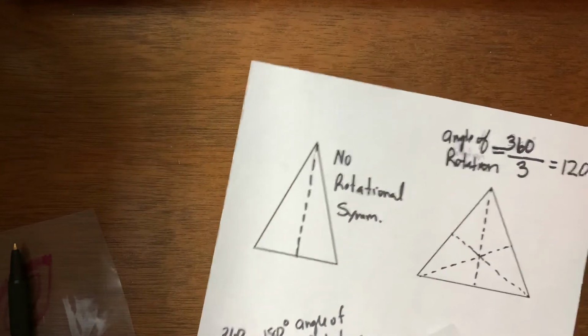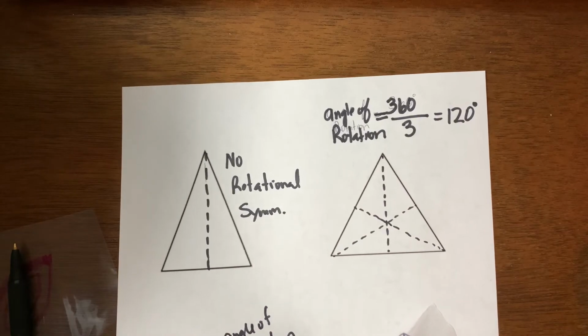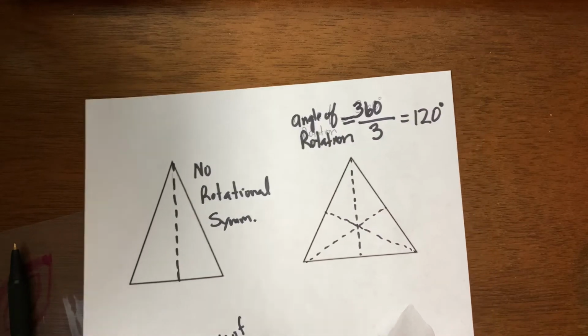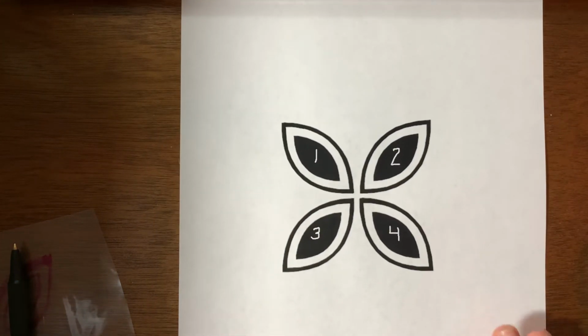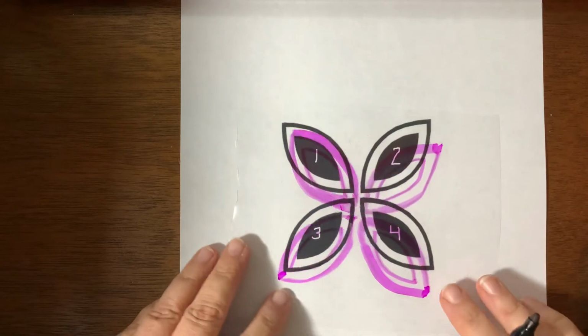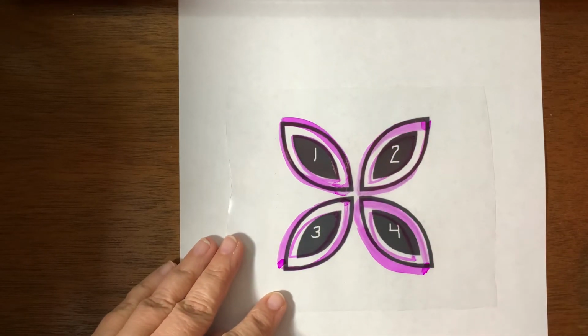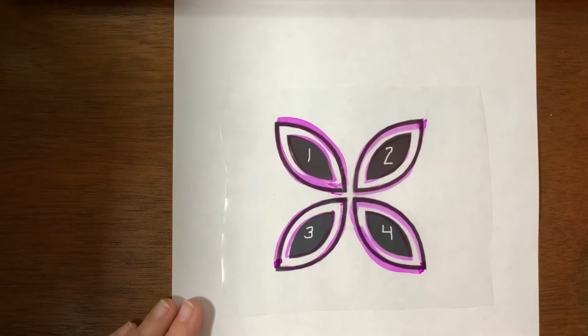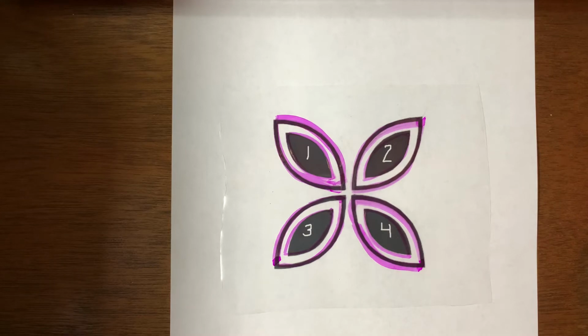Okay, and then you don't always have just plain normal looking objects. We could have something similar to this. You can still identify whether it has line symmetry to find out where the center of rotation is, but sometimes with designs it's pretty obvious to see.